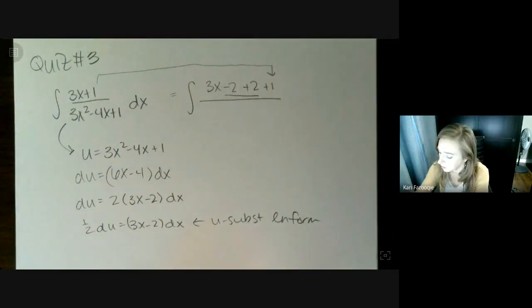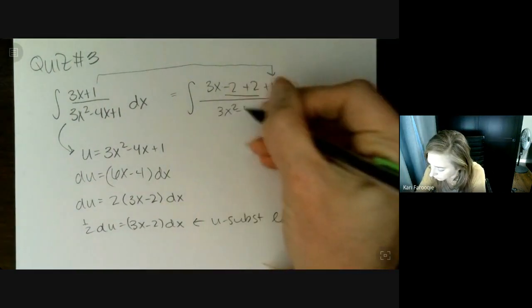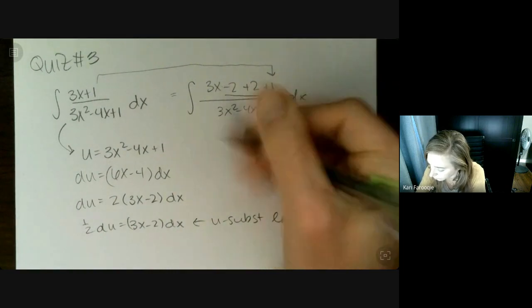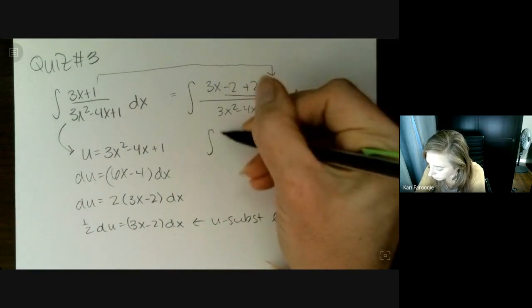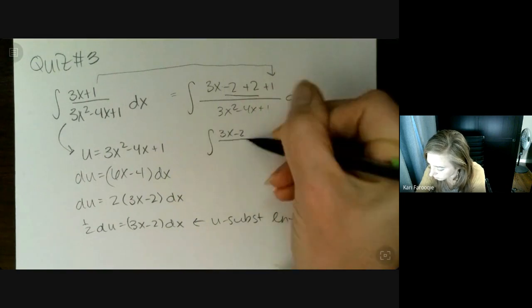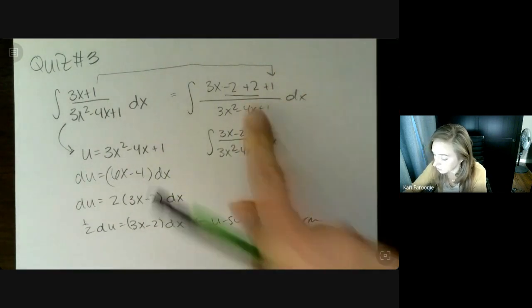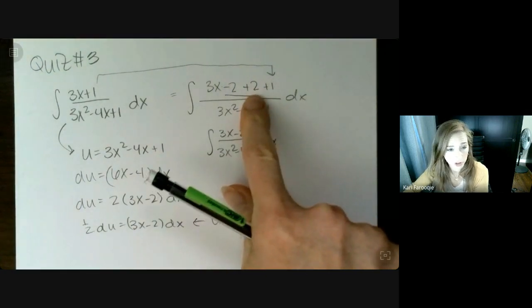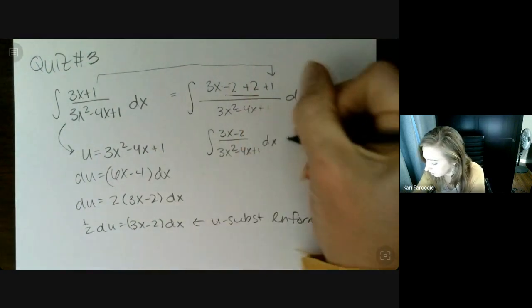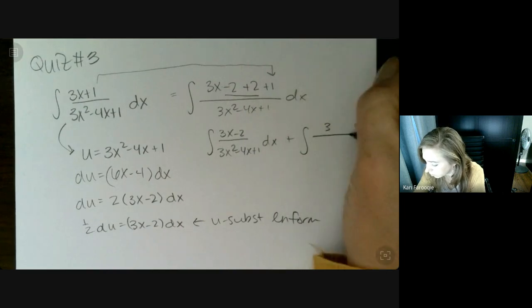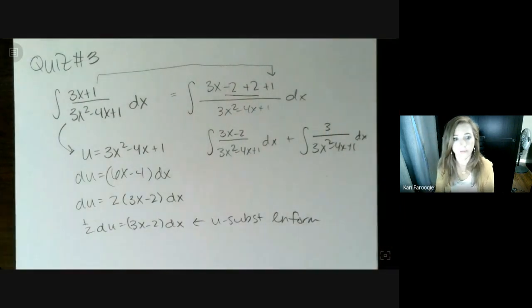Subtract 2, add 2. And then when you split this up, you can make there be that 3x minus 2 that you want. And then you'll have the additional 2 that you had to add in plus 1, which gets you 3 in the numerator.